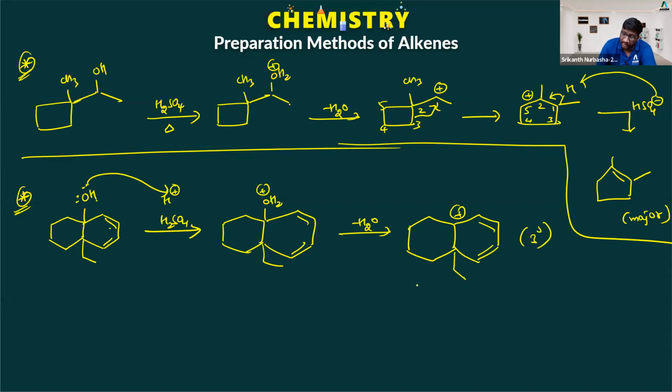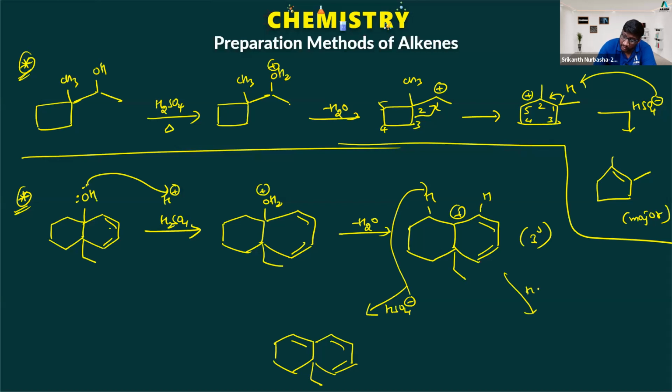You can think of two attacks, like HSO4 minus picks up proton from here or from here. If HSO4 minus picks up proton from here, you can generate this particular alkene. Or if HSO4 minus picks up proton from here, it can also form this particular alkene.